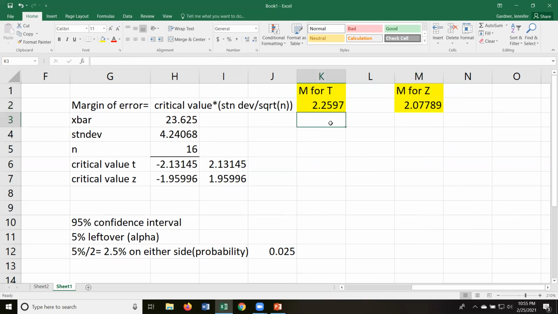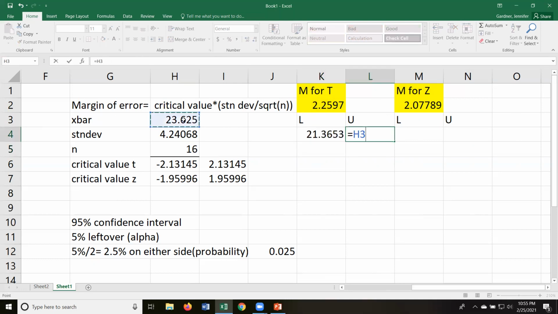So to find my final answer of my confidence interval, my lower and my upper and my lower and my upper, I have to take this margin for error and add it and subtract it from the mean. So the lower equals X bar minus, because it's lower, minus the margin for error, equals X bar plus the margin for error.